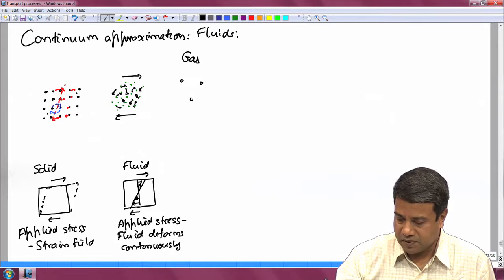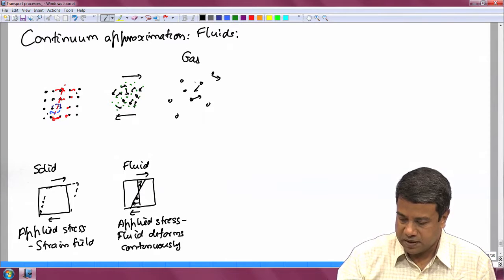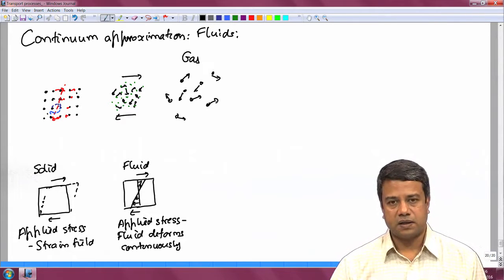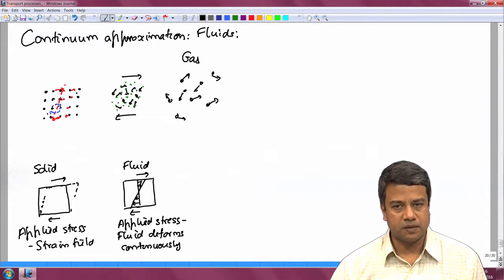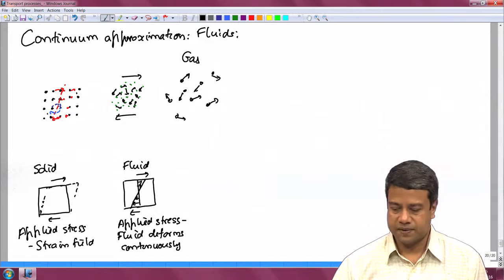the separation between molecules is much larger than the molecular diameter. The molecules are once again in a random state of fluctuations due to the thermal energy, but the distance between molecules is much larger than the molecular diameter, typically about 10 to 100 times.